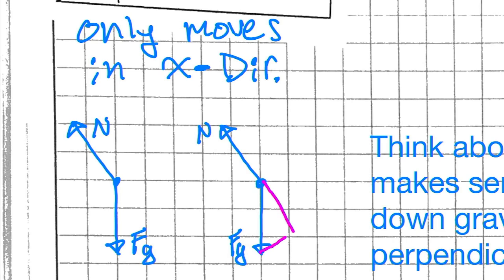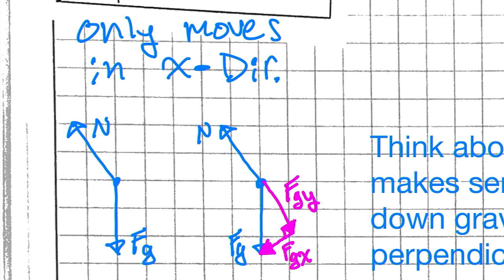I make this into a little right triangle. There's the right angle. This would be Fgy, which kind of points down. And then this would be Fgx, pointing down the ramp. So Fgy pulls us into the ramp, and Fgx is pulling us down the ramp.